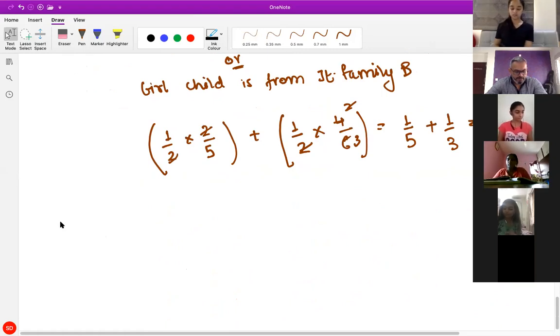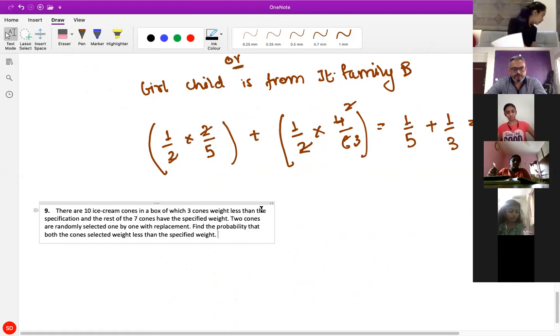Question number 9. Again 9 and 10 are related to each other.